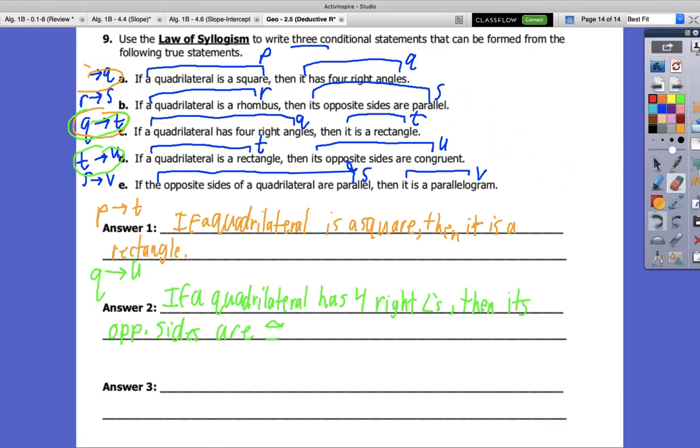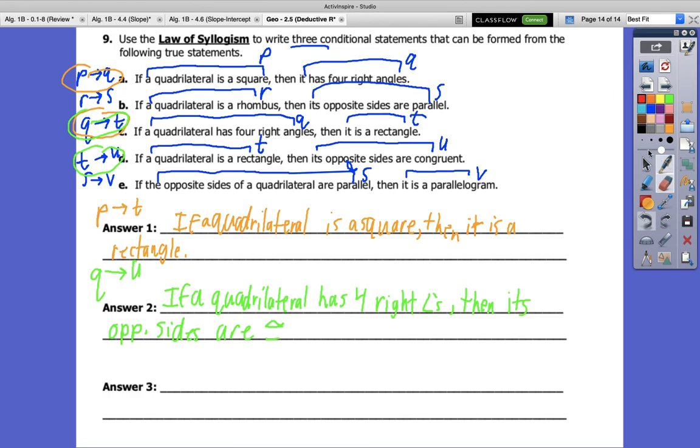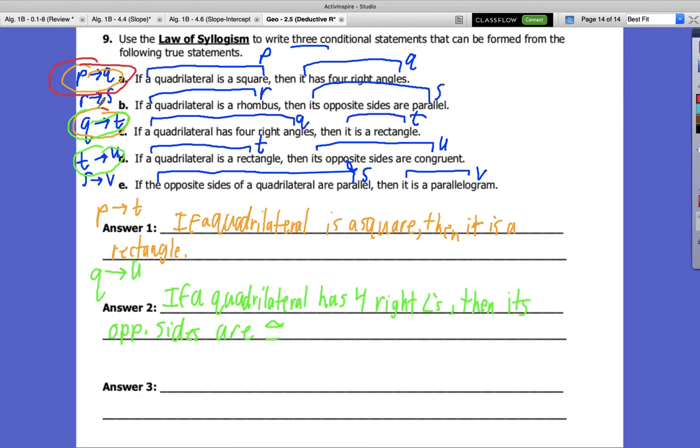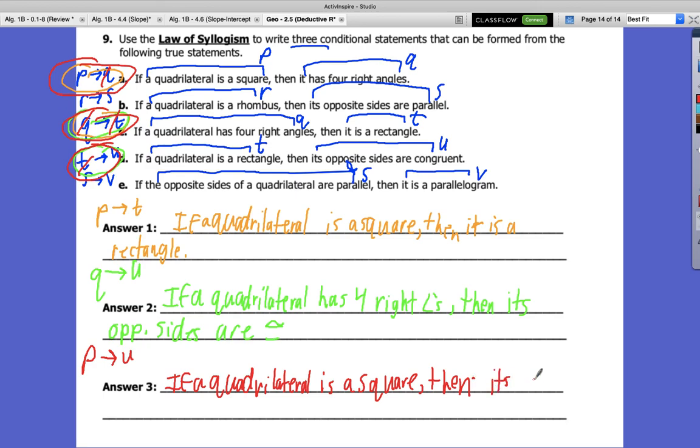If I wanted, I could link if P then Q, if Q then T, and if T then U, and I could get rid of my Q's and my T's and go straight from P to U. I can say, hey, if a quadrilateral is a square, then its opposite sides are congruent.